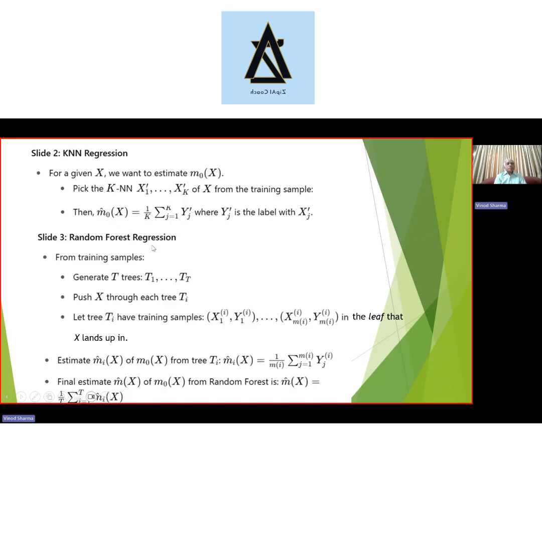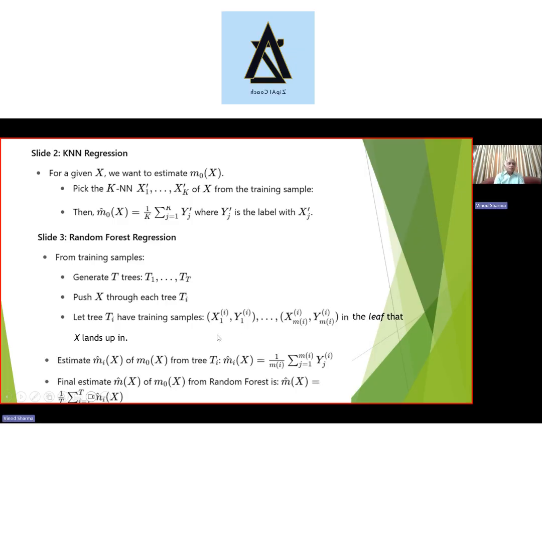In random forest, we again start with generating T trees, T1 to TT. These will be generated, as in the case of classification, through the training sample using the greedy heuristic. Once we have these trees and you want to estimate m naught at point x, you push this x through each of these trees Ti, and you go all the way to the leaf.